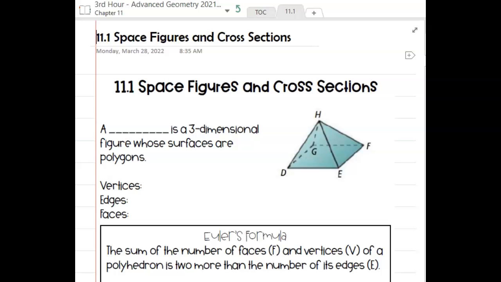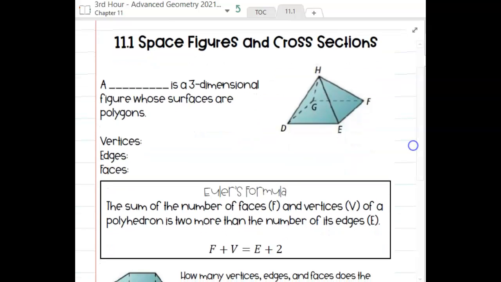All right, so what we have here is a three-dimensional figure, but the actual name for a three-dimensional figure is a polyhedron. A polyhedron, that's the official name.